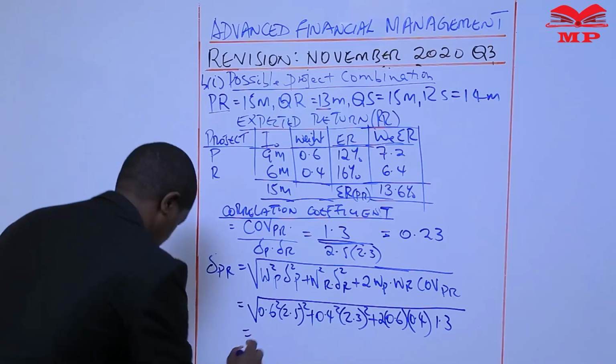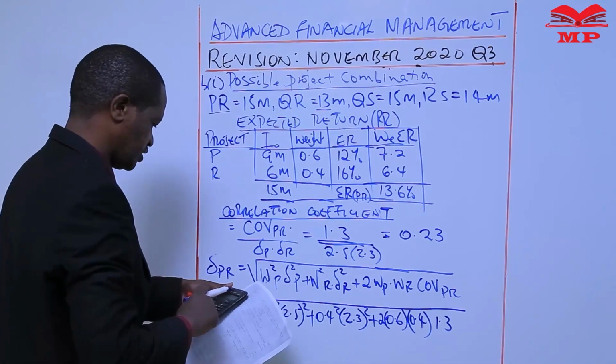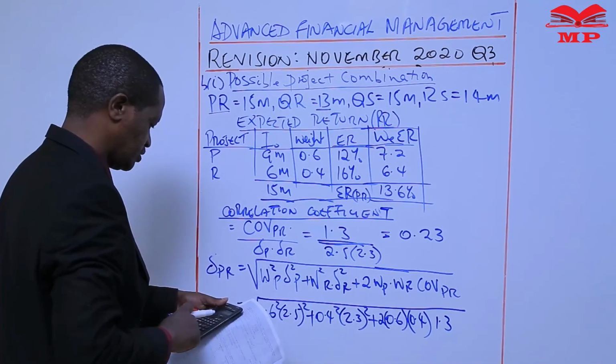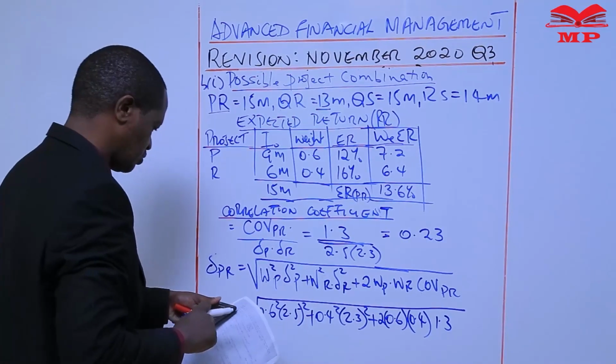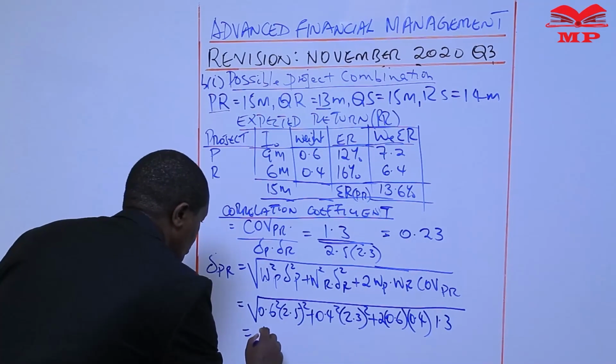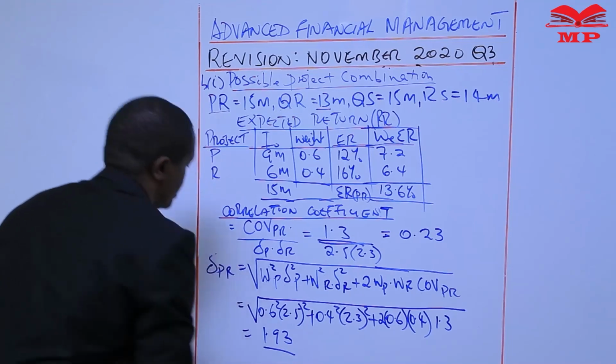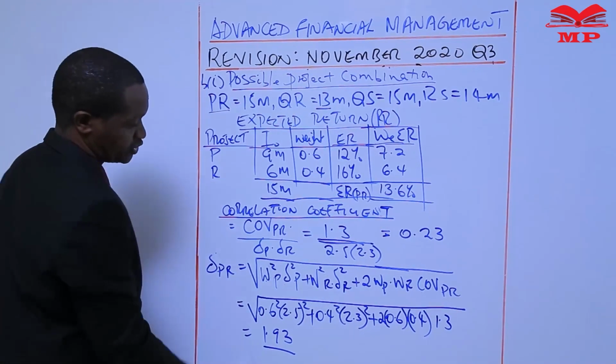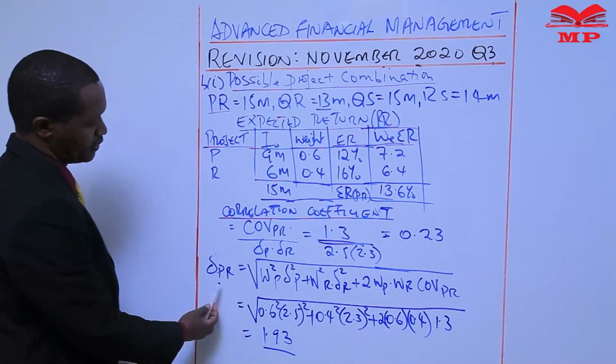This is equal to, before I get the square root, 1.93. 1.93 is the standard deviation of the portfolio PR.